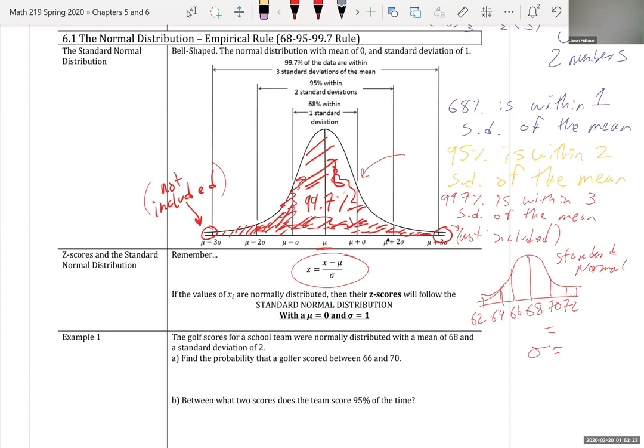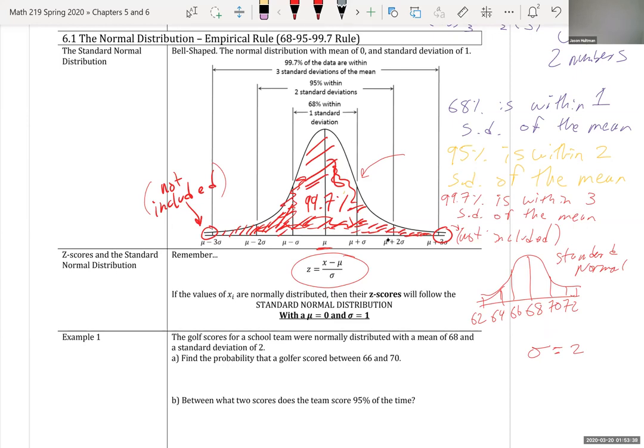So let me draw my mu a little bit better. Mu in this case, I'm going to say is 68 and sigma is 2. And so now I know how far away these are on a standard normal curve.